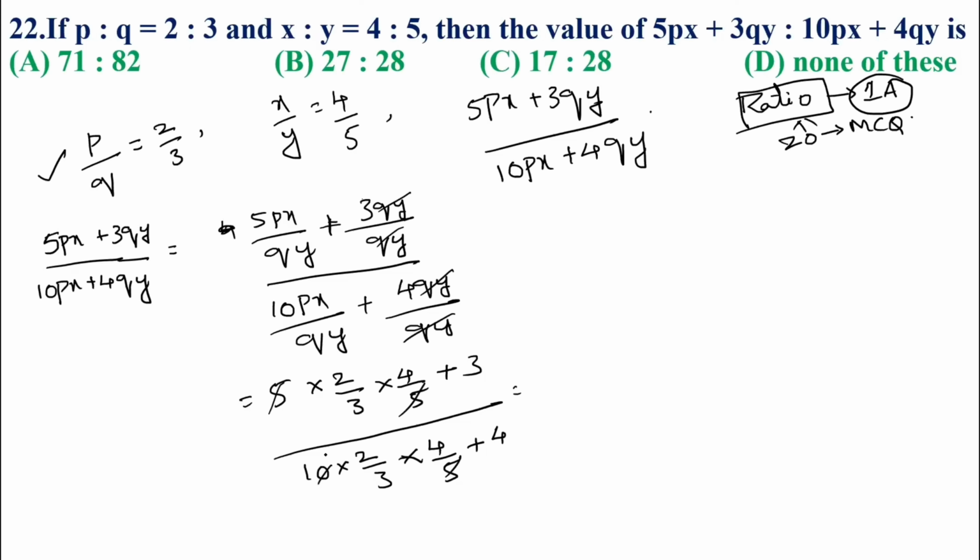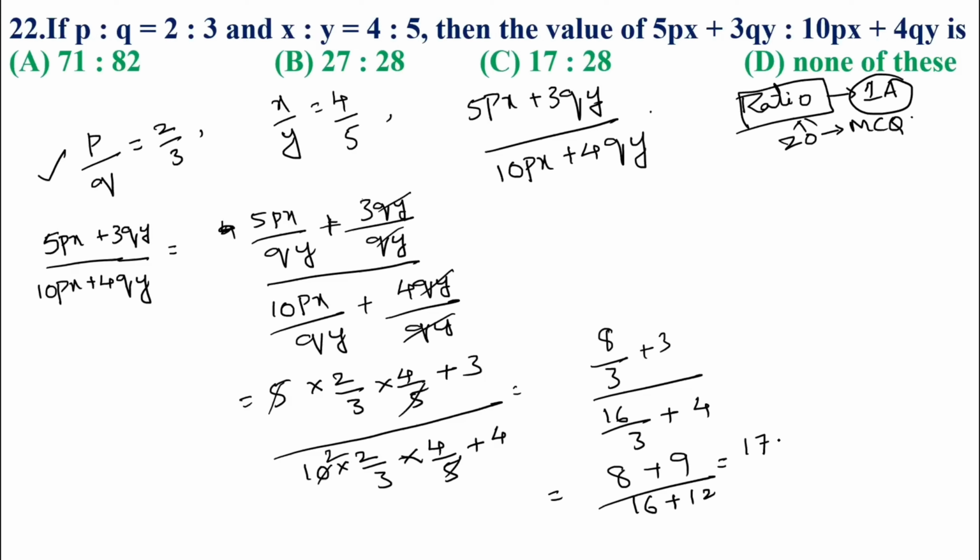So 5 2s are, then here 8 by 3 by 16 by 3 plus 4. This will become 3 will be the LCM. So 8 plus 9 by 16 plus 12. So here 17 by 28. So answer is 17 is to 28, option C.